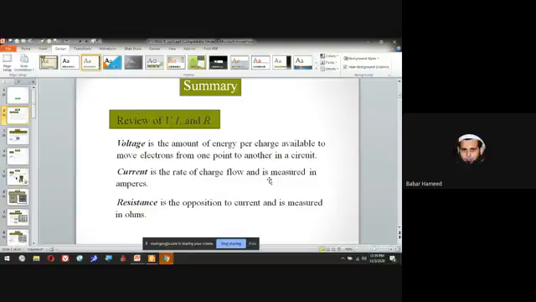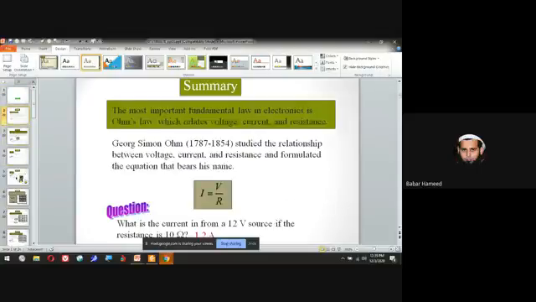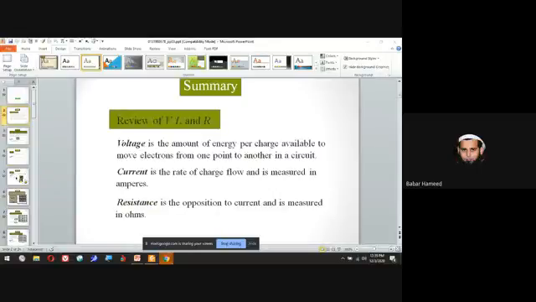This amount depends upon the resistance. If the resistance is less, the amount of current will be more, and if the resistance is getting large, the current is reducing.